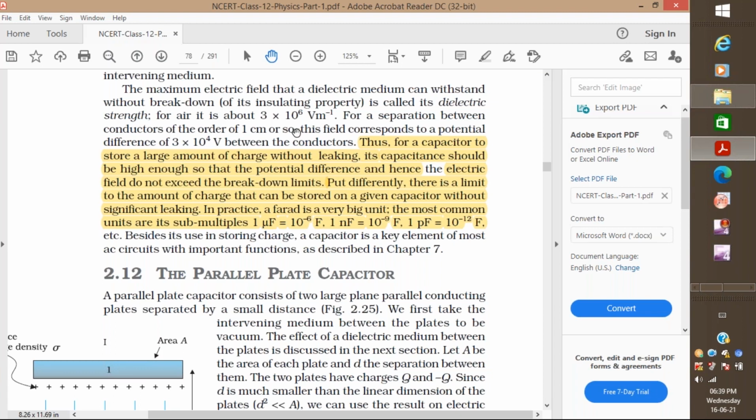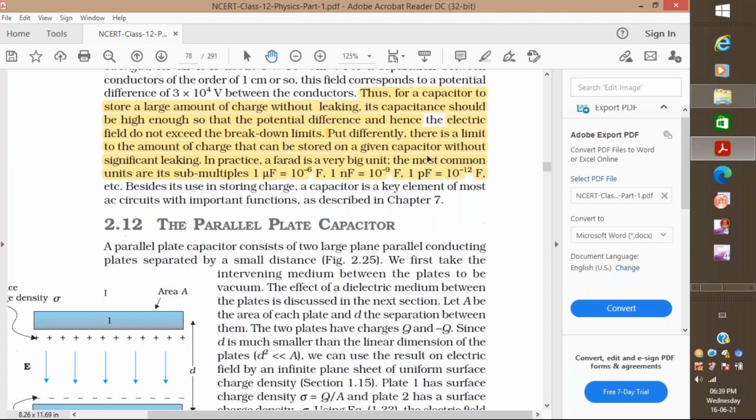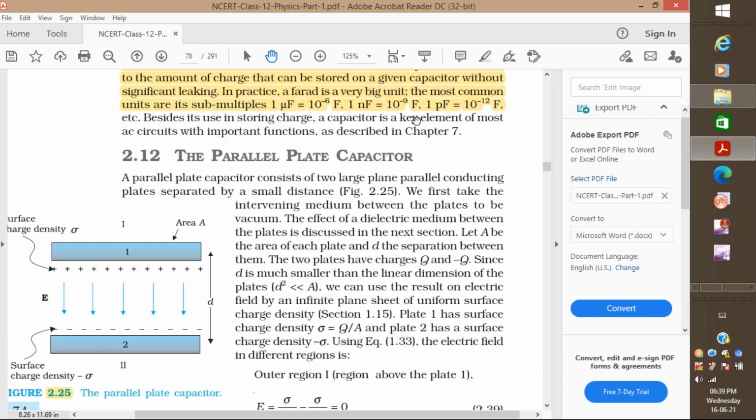Here it is again written, what is the unit of capacitance? In general we use microfarad, nanofarad, and picofarad units. These are also significant. Don't think that it is 10 to the power minus 9 farad so it does not have any effect. No, it is also a significant number.